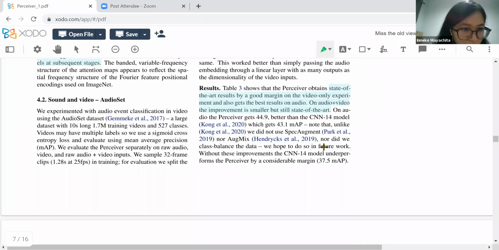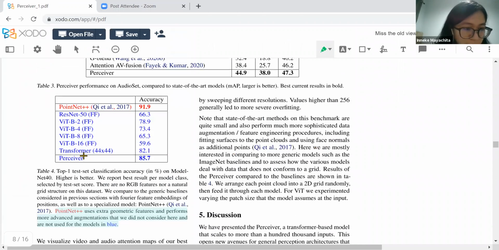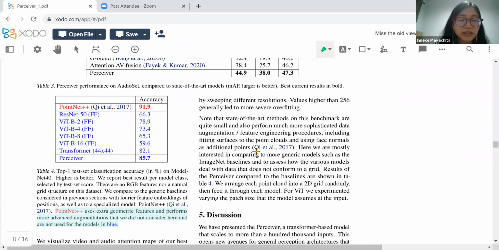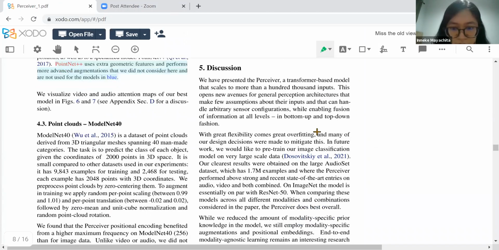For the point clouds, they also compare it with PointNet++, but it's not as good as PointNet, because in PointNet there is some extra pre-processing that uses some extra geometric features and some augmentations that they don't do here. So they claim the Perceiver is better than any other generic models not using augmentations. Okay, cool. Yeah, basically that's all.